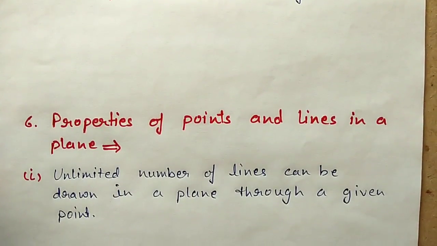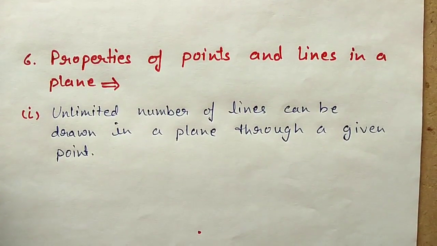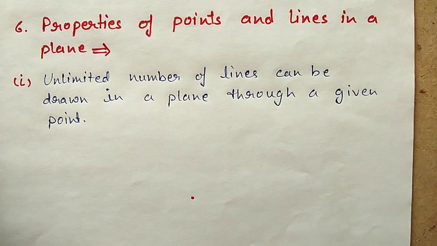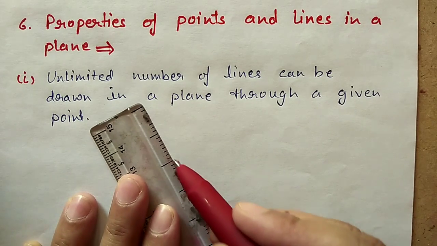Next thing is properties of points and lines in a plane. First property: unlimited numbers of lines can be drawn in a plane through a given point. If one point is given to us, then through that point we can draw unlimited lines. You can see here I have taken one point, and if I want to draw a few lines from this point, how can I draw?